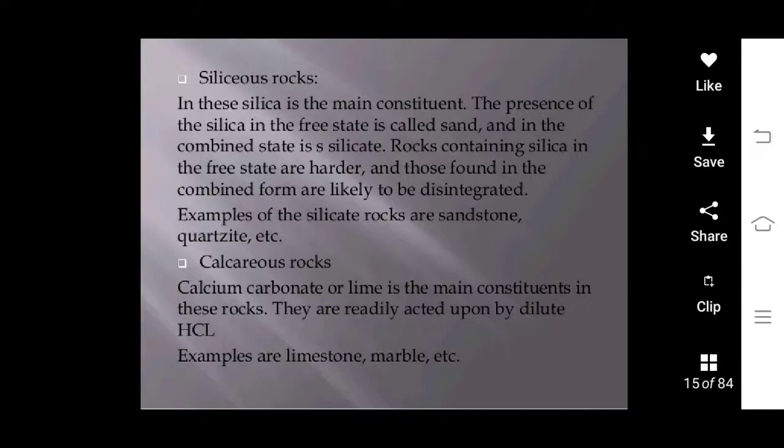Examples of siliceous rocks are sandstone and quartzite. The next classification is calcareous rocks. Calcium carbonate or lime is the main constituent of this type of rock. They are readily acted upon by dilute HCl. Examples of calcareous rocks are limestone, marble, etc.